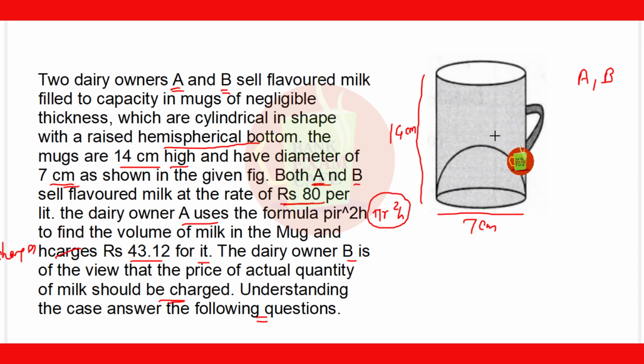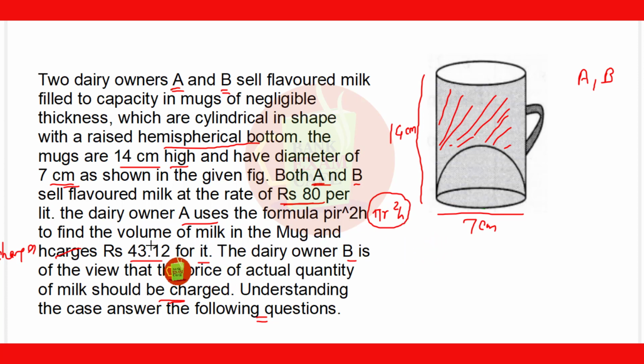It means he is just doing a cheating work, that since this portion is raised, the milk is not here, the milk is only in this remaining volume or the remaining capacity of the mug. So in this remaining portion only there is milk and here there is no milk, but he is calculating pi r square h to measure the volume of the milk in the mug.